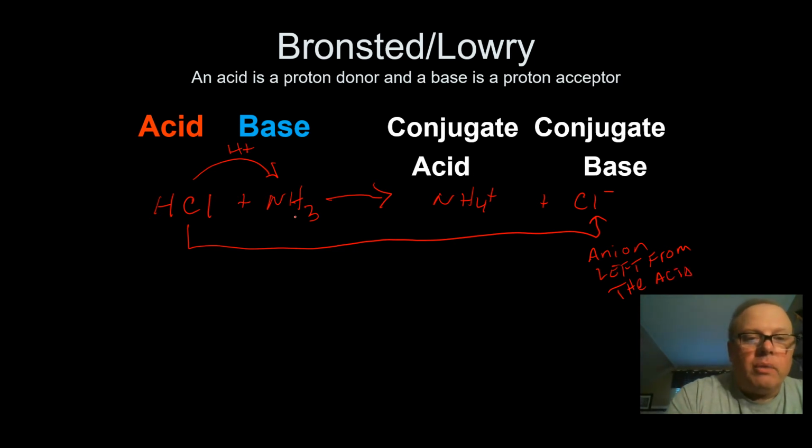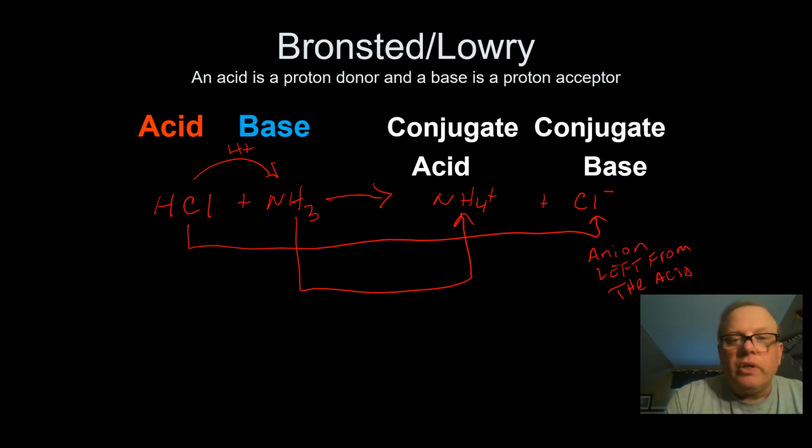And whereas ammonia was our base, now we have ammonium, which is the conjugate acid. The conjugate acid is formed when the base gains a proton.